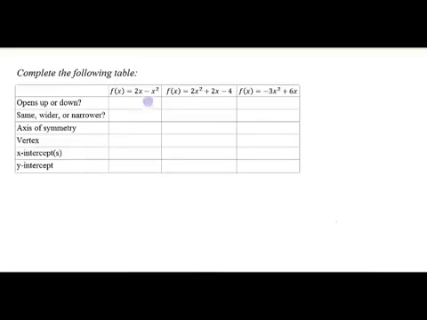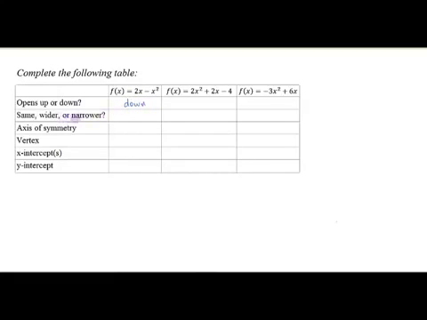So let's find out whether this one opens up or down. First, please notice that the parabola equation is not in standard form. This is actually our A and this is our B. So we have the A here as a negative, which means our parabola will be opening down.